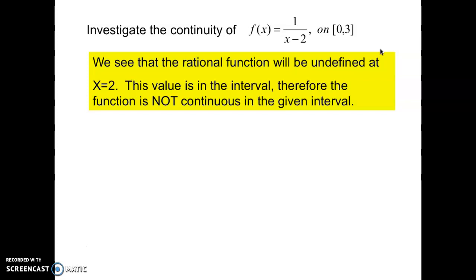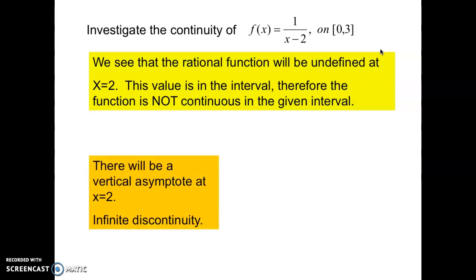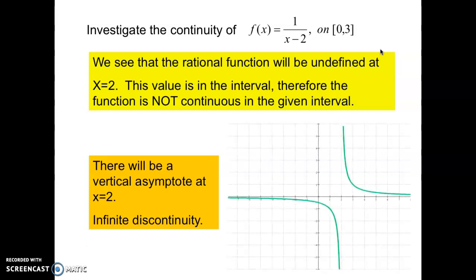Therefore, this function is not continuous on the given interval. There will be a vertical asymptote at x equals 2, therefore we have infinite discontinuity at x equals 2. Here's the graph of the function. We would only look from x equals 0 to x equals 3, so we're only looking in this domain, but we still have infinite discontinuity at x equals 2.